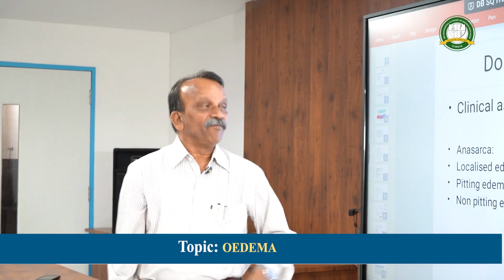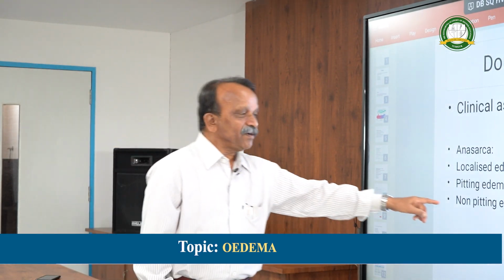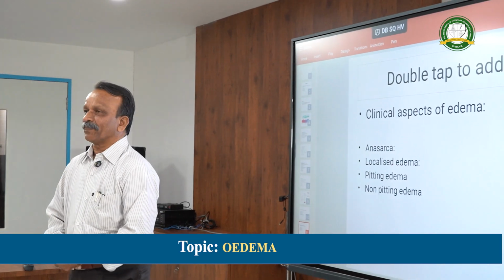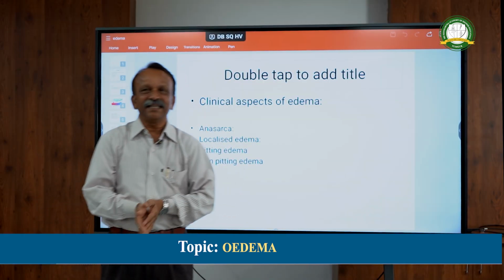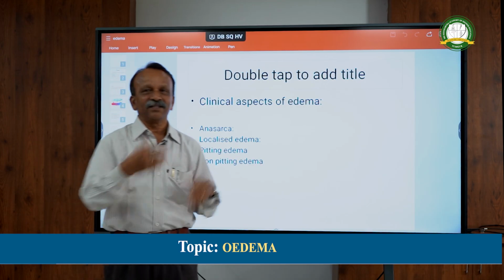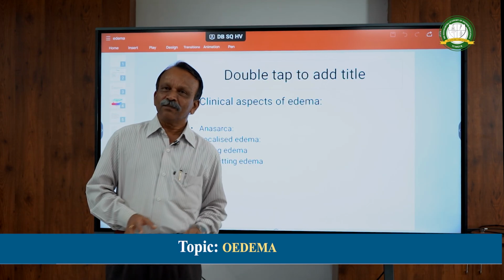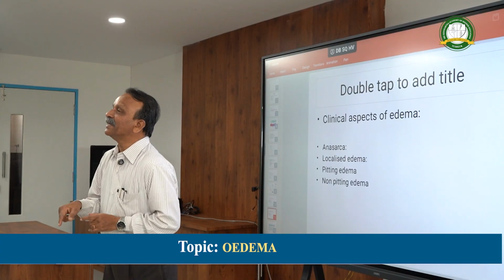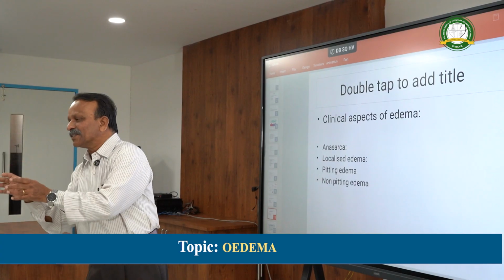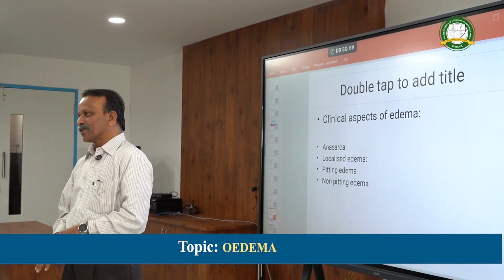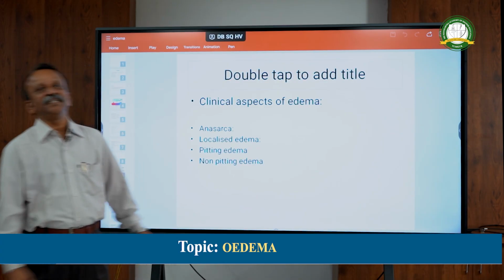Most of the edemas are pitting in nature, whereas some edema, for example, in hypothyroidism, that is an increase in the TSH level, and T3, T4 will be altered, that is hypothyroidism. In case of hypothyroidism, it is non-pitting edema. Even if you apply pressure over the edematous area, there is no creation of depression, that is called non-pitting edema, most characteristically seen in case of hypothyroidism.